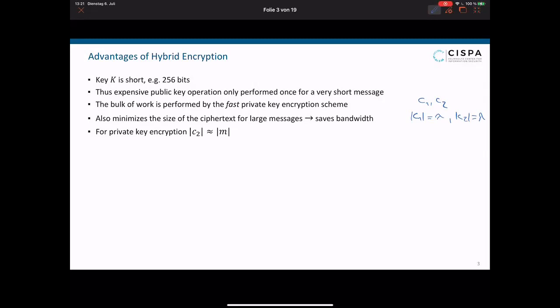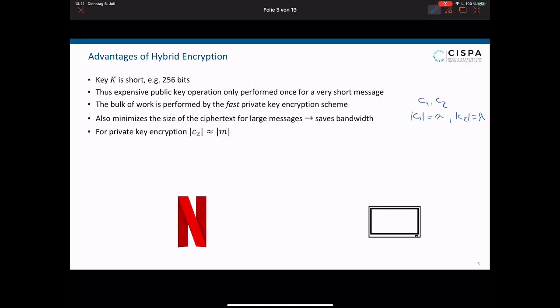This is used in almost every application where you encrypt more than tiny amounts of data. As soon as you encrypt, let's say, more than a kilobyte or more than 10 kilobytes, it's advantageous to use hybrid encryption. For instance, in the Transport Layer Security protocol.